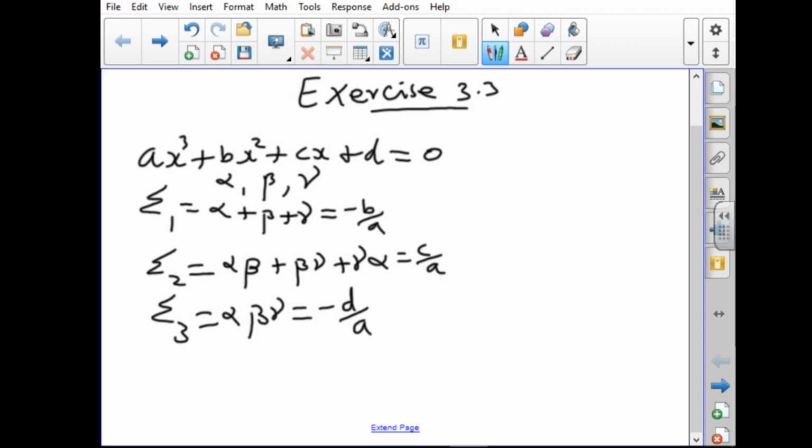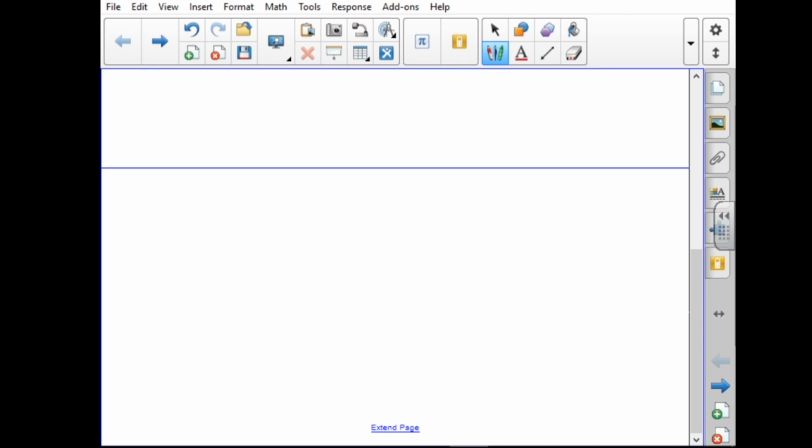So we will see the first question. Solve the cubic equation 2x cube minus x square minus 18x plus 9 is equal to 0 if the sum of two of its roots vanishes.